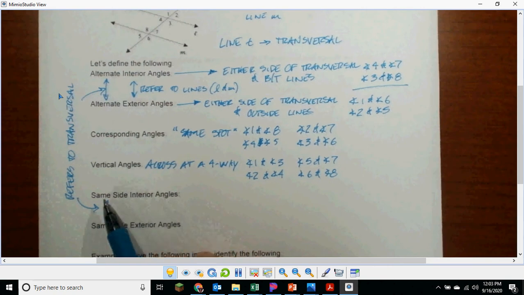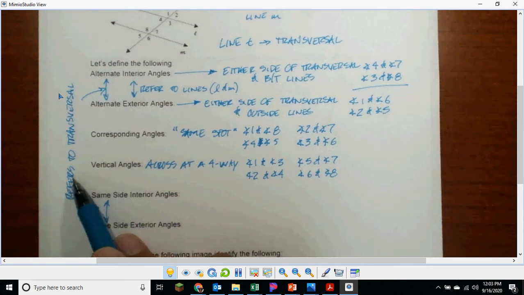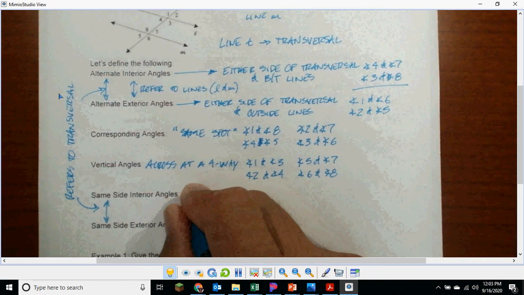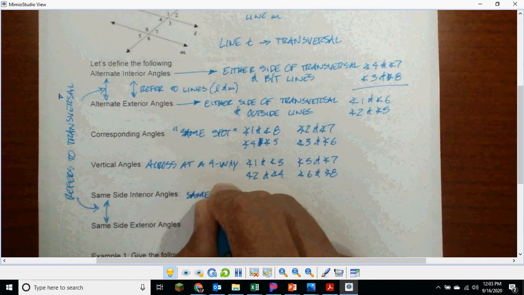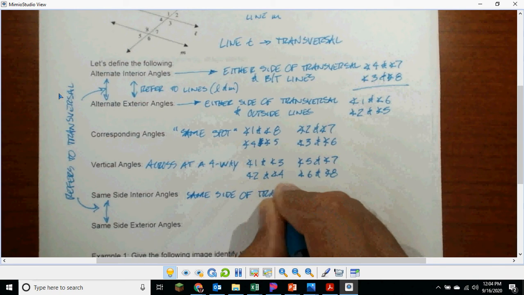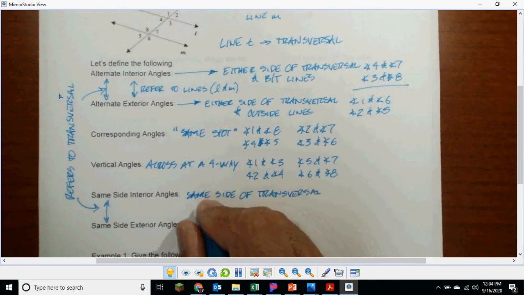Now, remember the first part. If it's alternate or same side, that refers to the transversal. So same side interior is on the same side of the transversal, and between the lines.